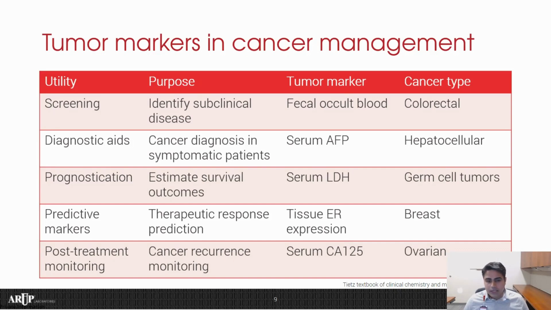But in addition to that, more longitudinal measurement of tumor markers can also happen to monitor for cancer recurrence before symptoms arise. A good example of that is serum CA-125 in the context of ovarian cancer.